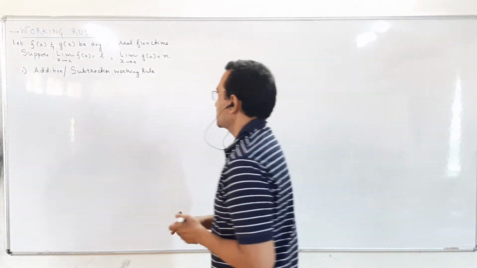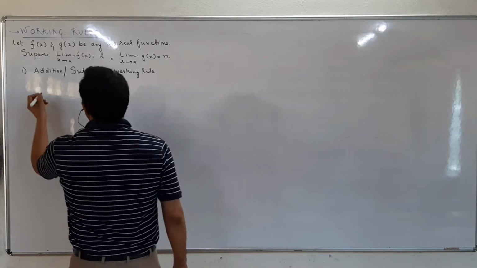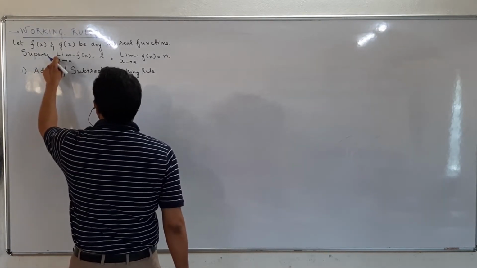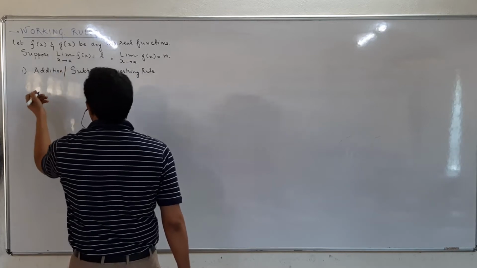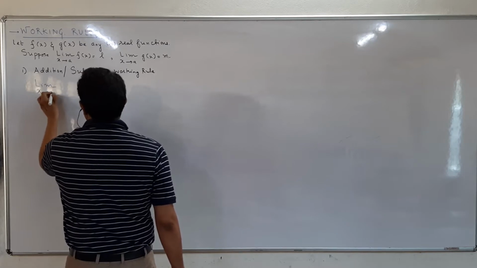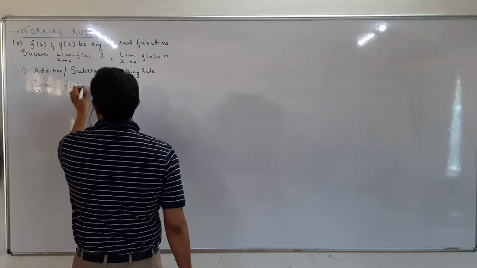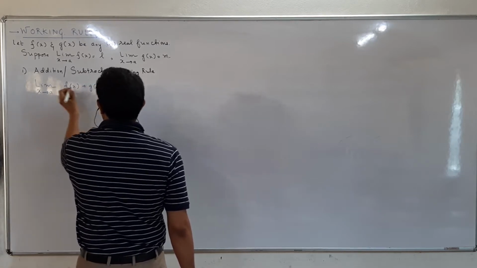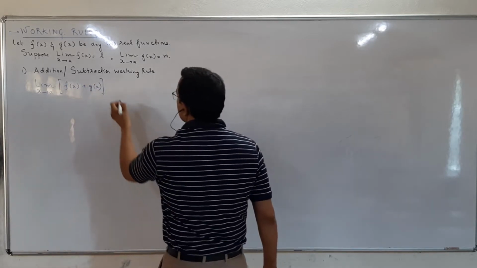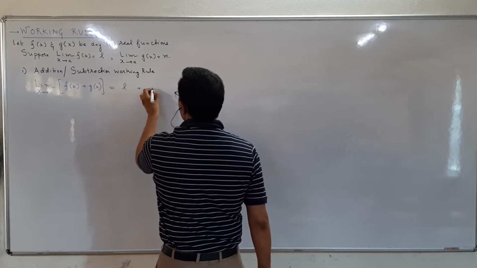Like this it is: limit x tends to a, f(x) plus g(x) is equal to L plus M. I am writing L capital because I am in the habit of writing. There is no such rule; you can write L small also.